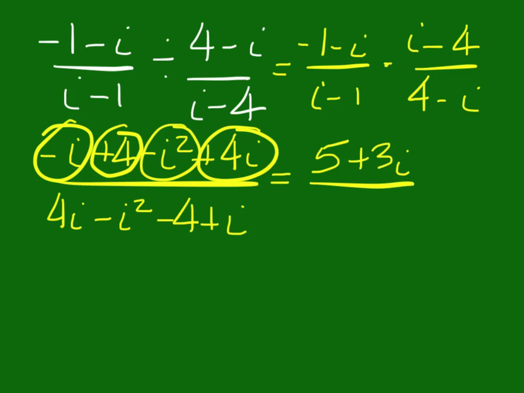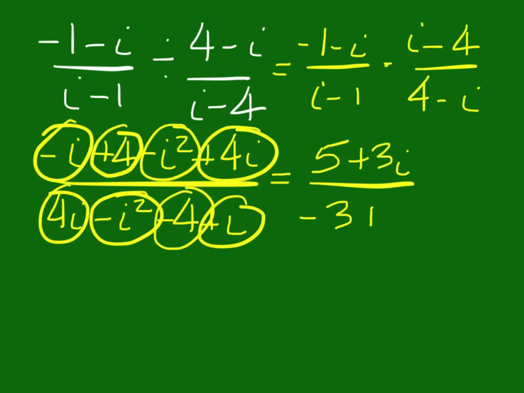And then on the bottom, you have 1, and is that a minus 4? Yeah, 1 and minus 4 is a negative 3, and then 4I, is that a plus I? That would be 5I.